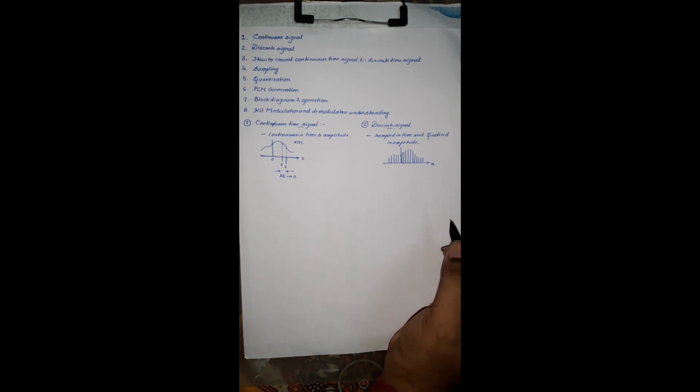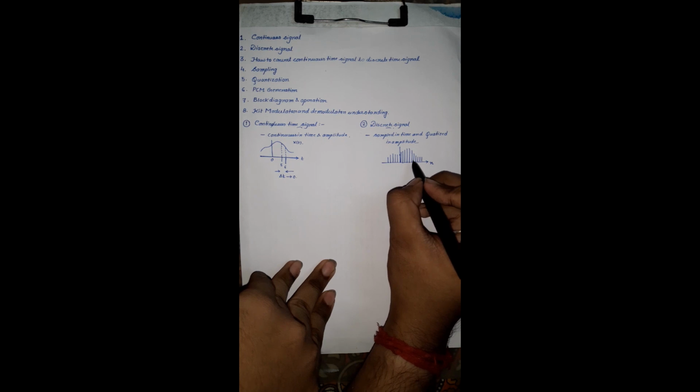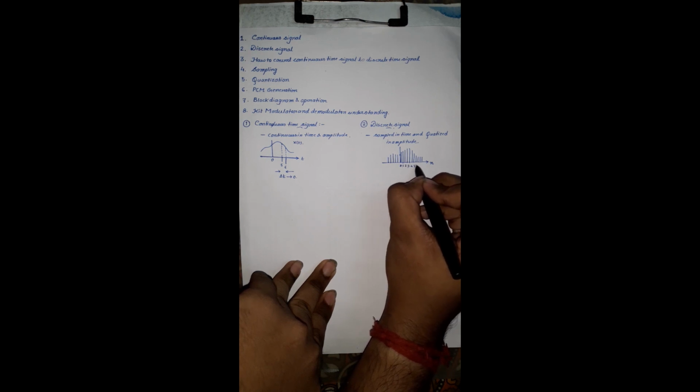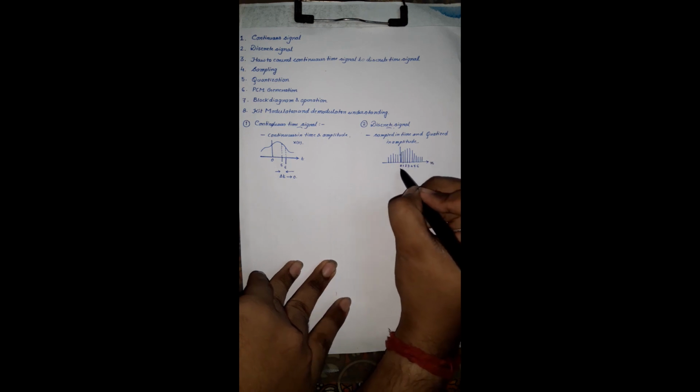That means what are we doing actually? We can find the values of this signal at discrete instances: 0, 1, 2, 3, 4, 5, 6. We can find the value of the signal at the 0th instant, 1st instant, 2nd instant, 3rd instant, and so on.